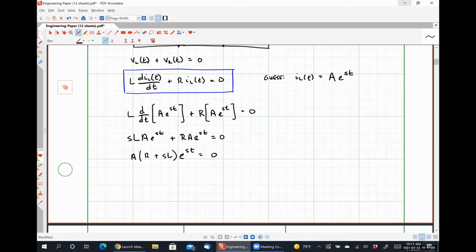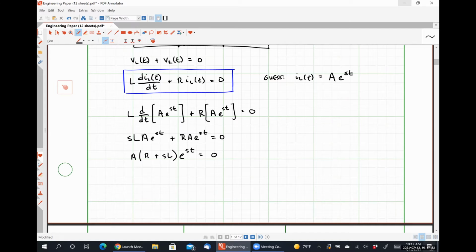So let's talk about the different ways in which this equation could be set equal to 0. The first way is if A happens to be 0, okay? That is what's known as a trivial solution. If A is equal to 0, what that really implies is that everything is 0, which means our inductor never had any energy stored in it to begin with.